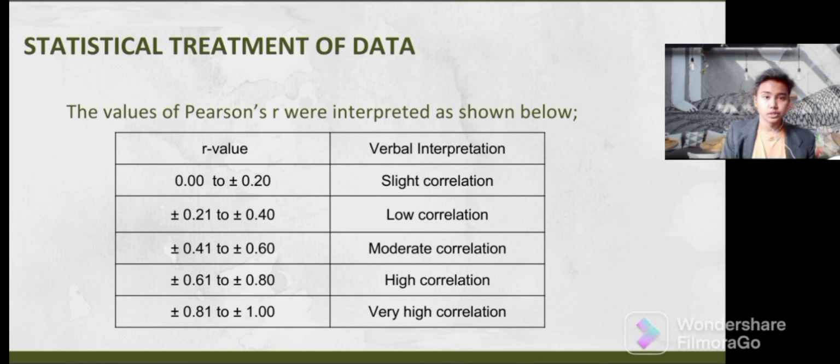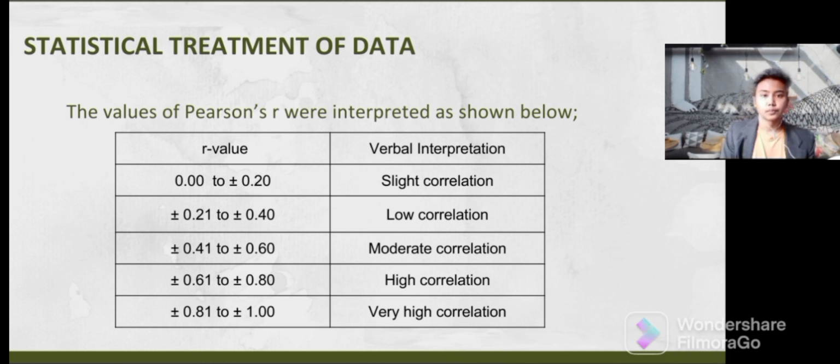The values of Pearson R were interpreted as shown below. The R value from 0.00 to plus or minus 0.20 is interpreted as slight correlation. From plus or minus 0.21 to plus or minus 0.40 is interpreted as low correlation.